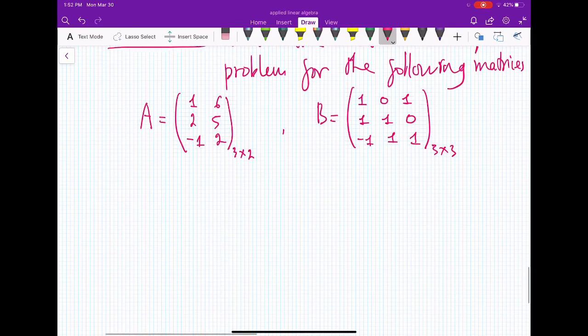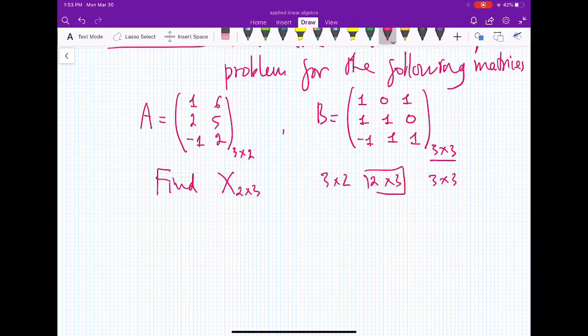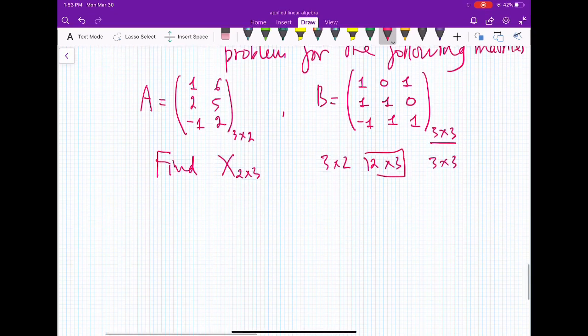So basically you need to find matrix X. And the matrix X is of size 2 by 3, right? Because A is 3 by 2, so you would need 3 by 3 in here. That means this should be 2 by 3. Make sense?